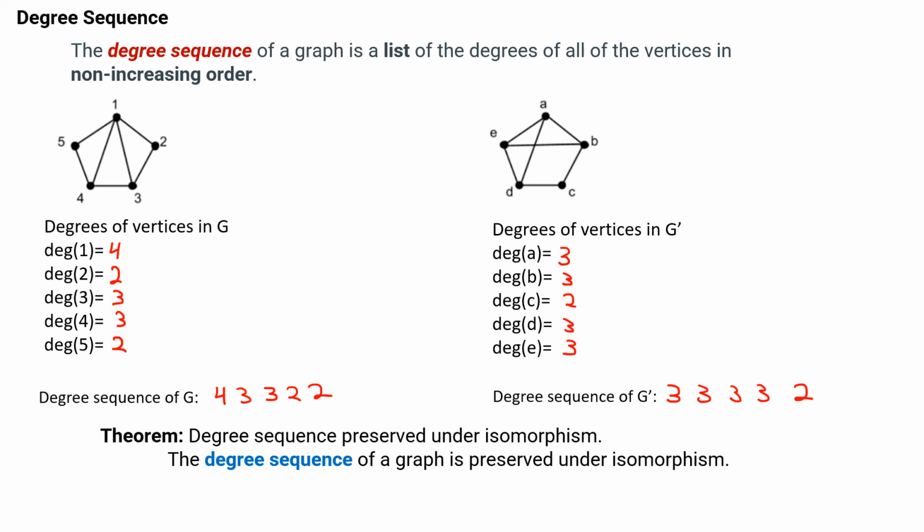No, that's not enough. Each of these properties is enough to rule it out, but it's not enough to prove that there is an isomorphism. But in this case, I see that I have two different degree sequences, and so I would know that these cannot be isomorphic.